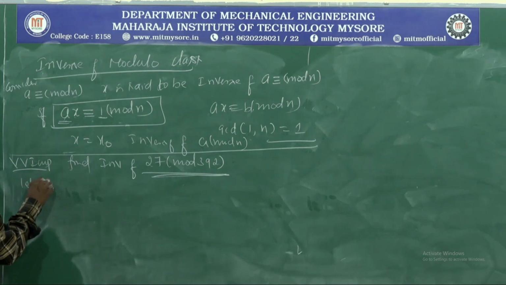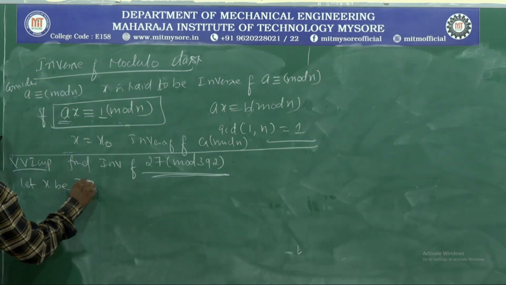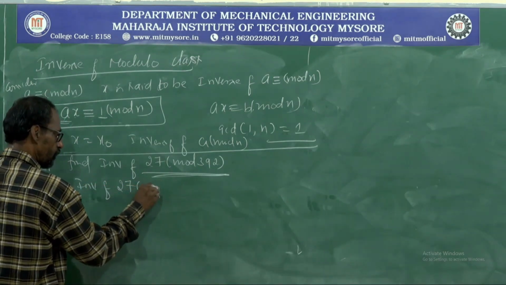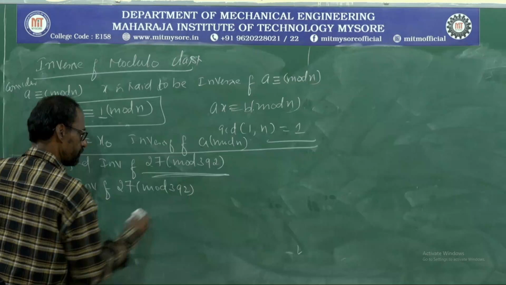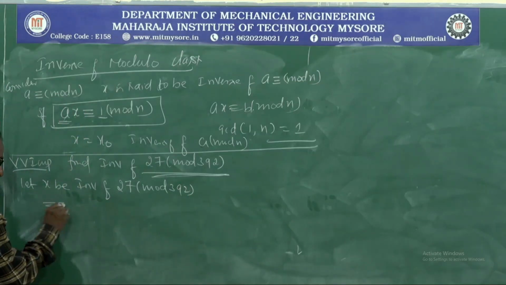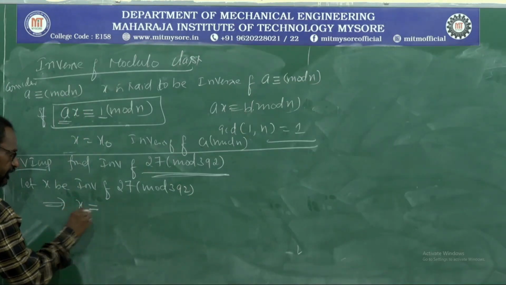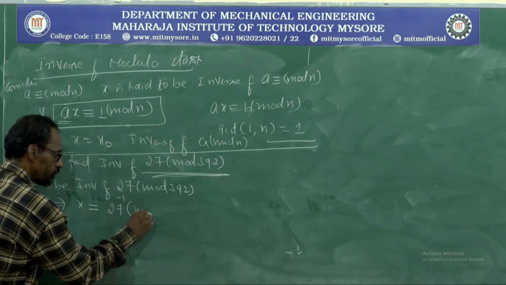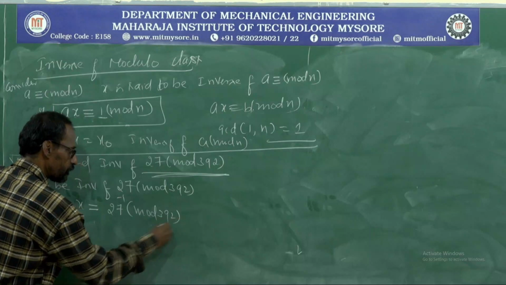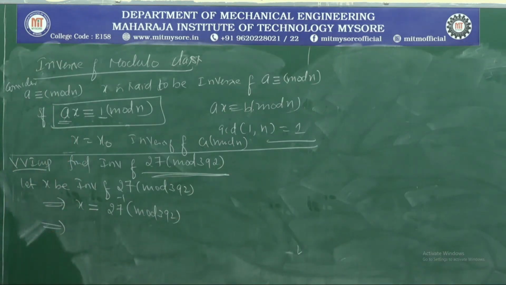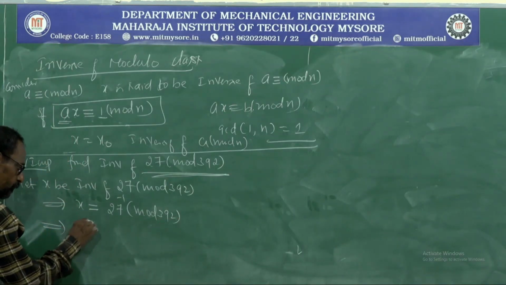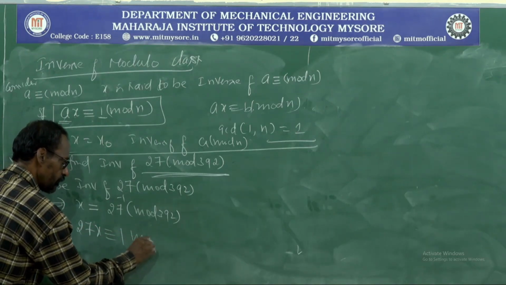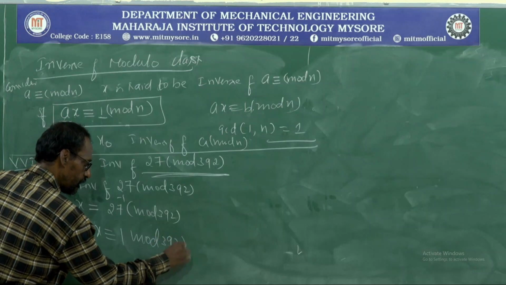Let x be the inverse of 27 mod 392. Another way of writing, we can write x is equal to 27 raised to minus 1 mod 392. This is one and the same as when you multiply 27 to x, I should get 1 mod 392.